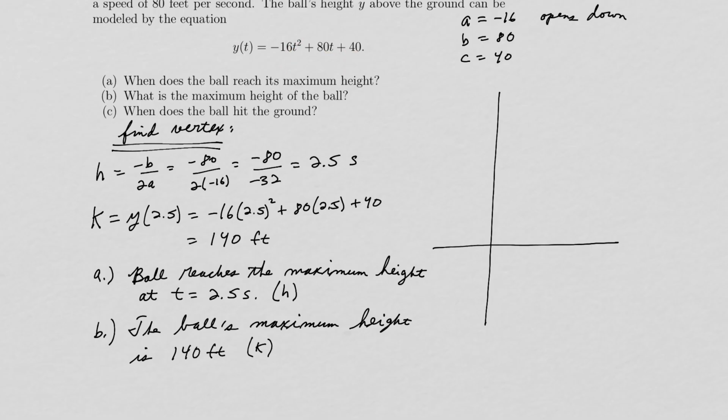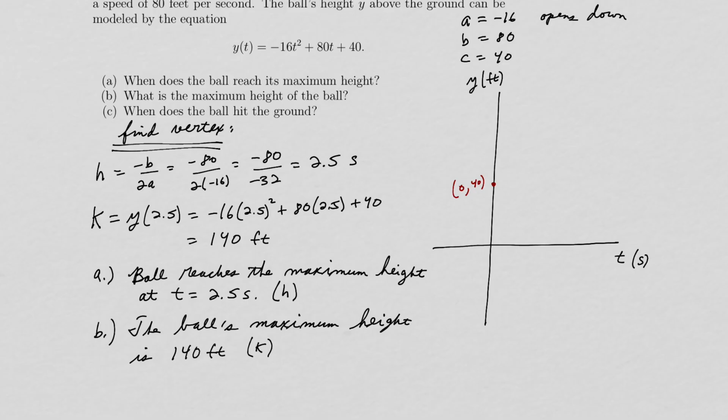So there's definitely a y-intercept at this point right here of 0, 40, where, remember, the x-axis is my time in seconds, and the y-axis is what we're calling y, the vertical position in feet.